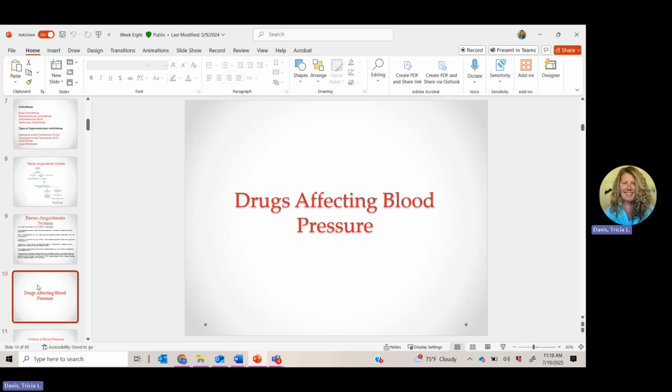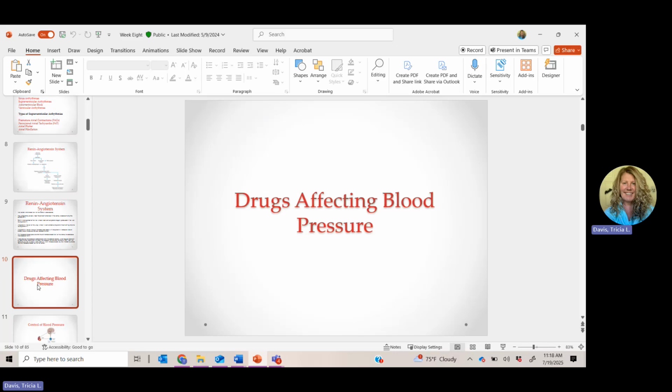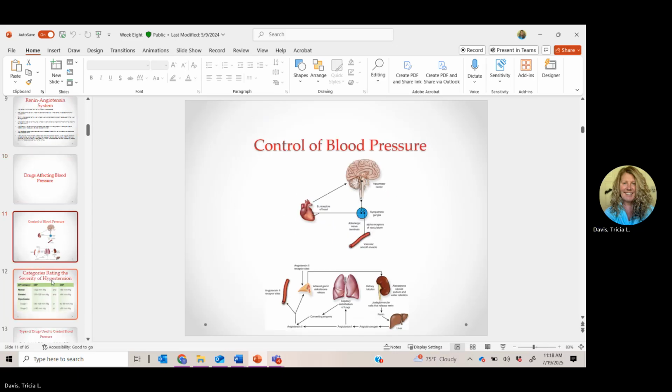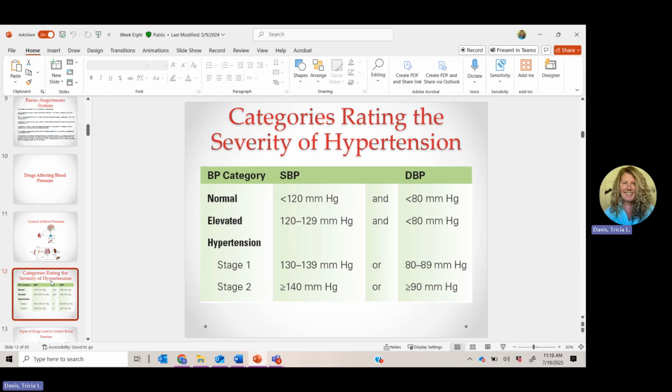All right, so now we're going to talk about some medications that affect our blood pressure. So I want you guys to understand why we would give medications to patients for blood pressure control, mainly because what we see is a lot of patients have hypertension. So you need to know what the different categories are of hypertension.